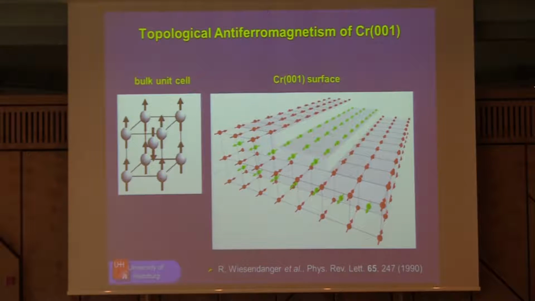and it was predicted theoretically by Stefan Blügel in a nice paper at the end of the 80s that this chromium-001 surface should exhibit a so-called topological antiferromagnetic order if you have a surface with monatomic steps. Because chromium is an antiferromagnet, you expect ferromagnetic 001 terraces, but if you go one step down, you end up with another ferromagnetic terrace with an opposite magnetization.